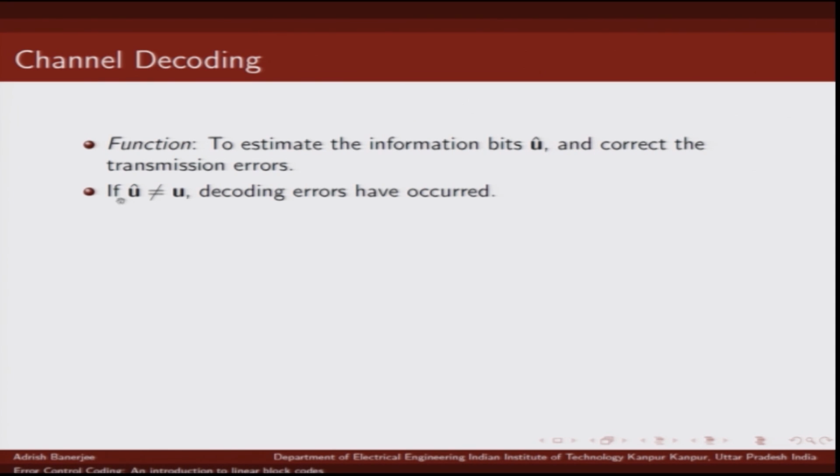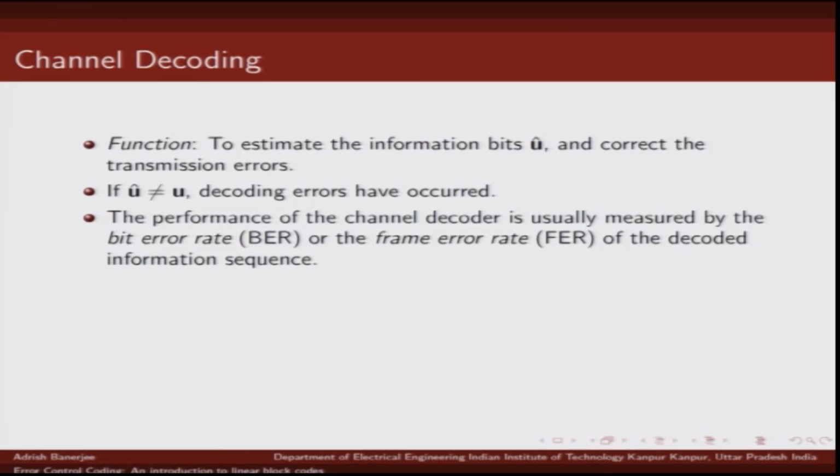If our decoded bit is not the same as the transmitted bit, we say that decoding errors have occurred. And how do we quantify these decoding errors? We quantify these decoding errors using what we call bit error rate or frame error rate. So, the performance of error correcting codes is typically evaluated using bit error rate and frame error rate.